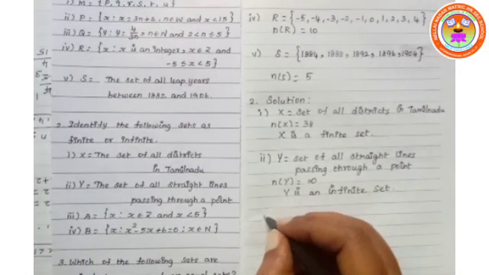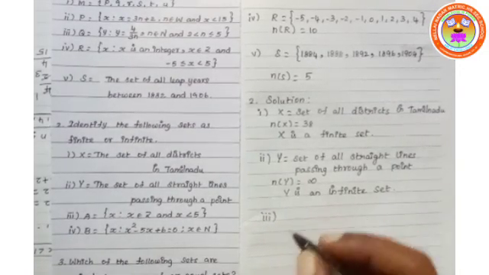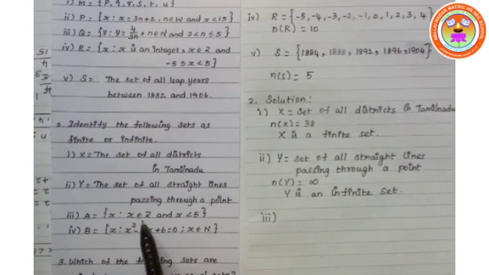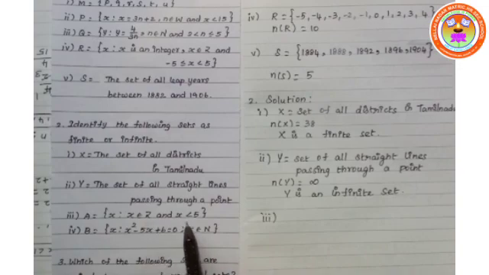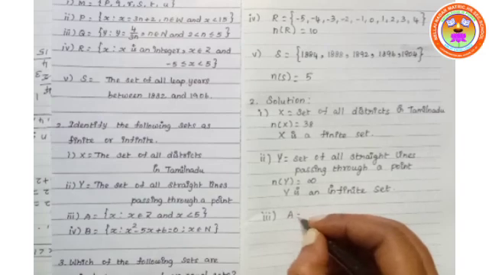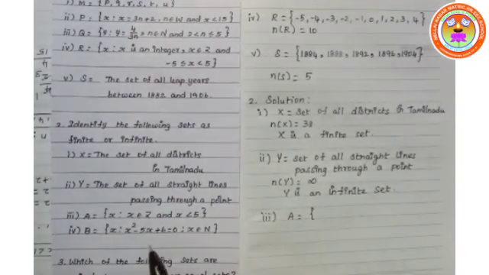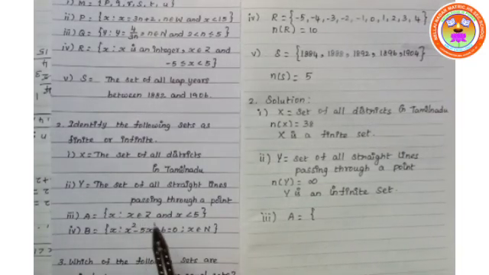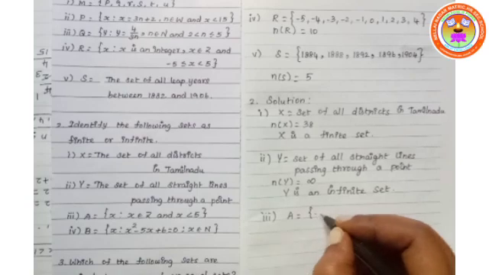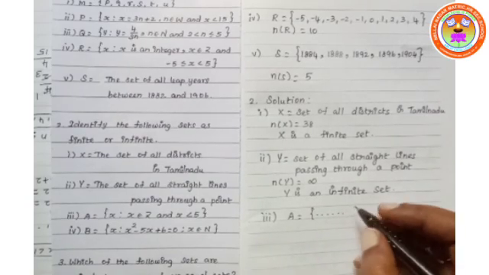Now see the third subdivision. A is equal to the set of all x such that x belongs to Z, where Z means integers, and x is less than 5. So A is the set of all x such that x is an integer and less than 5. Less than 5 means the left side of 5. On the negative side there are infinitely many numbers.